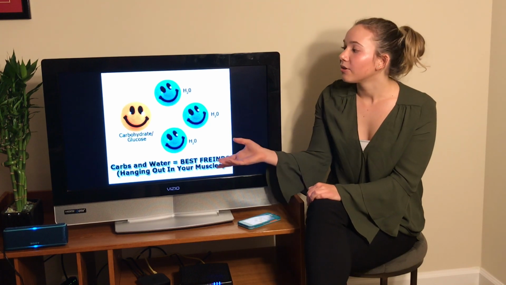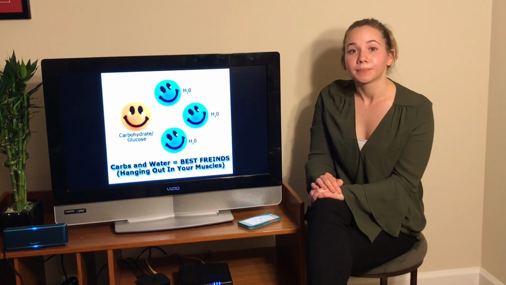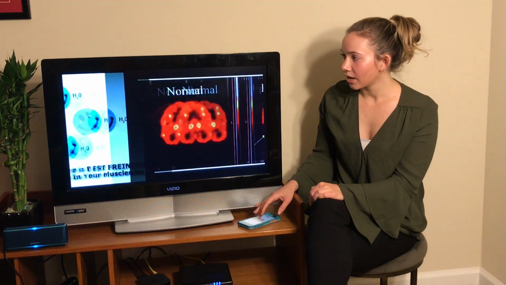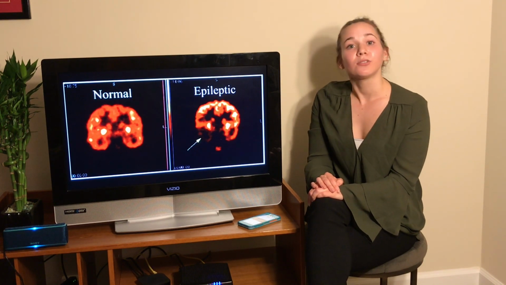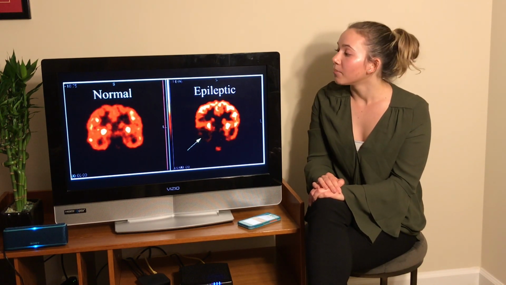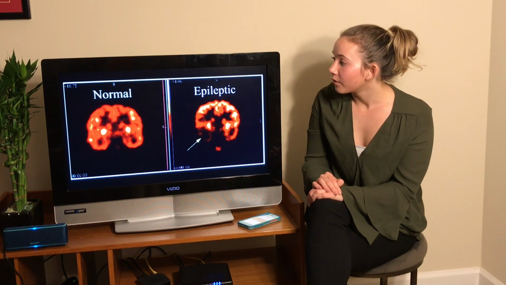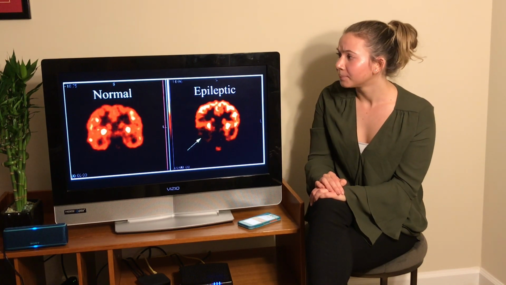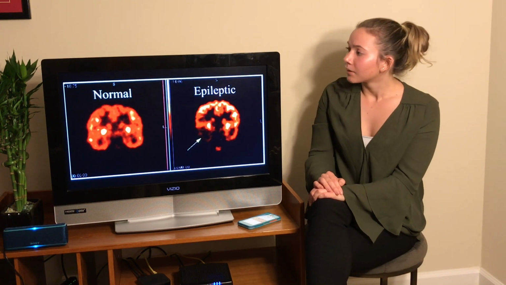So you're going to be losing liquid, you're going to be losing vitamins, and you're going to be losing minerals. So that's kind of a negative side of the ketogenic diet, but a positive side, it can be used to help treat epilepsy. People have either complete ceasing of all of their seizures, or they can have about a 50% reduction in the occurrence of seizures.